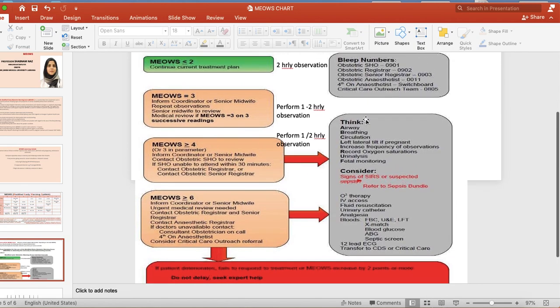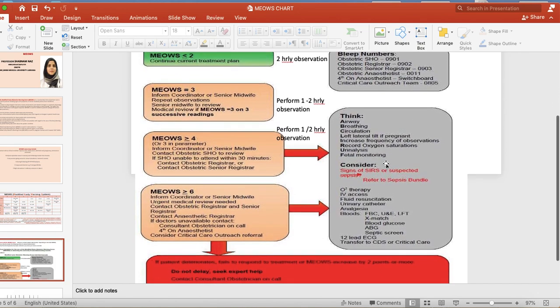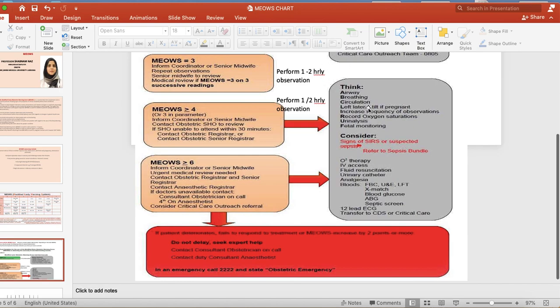So these are the bleep numbers, that is, whom you have to contact and on which numbers. These are the bleep numbers. Think about airway when the score is more than 4 or more than 6.